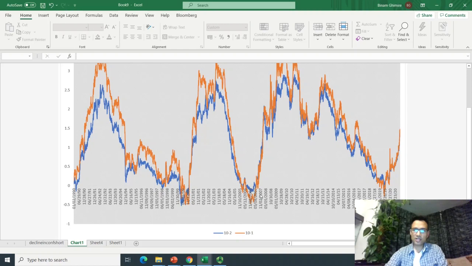We all know that soon after 2006, there was the last financial crisis of 2007 and 8, which we all are aware of because we all took the pain, which basically means this yield differential, the yield spread, also gave us some prediction.